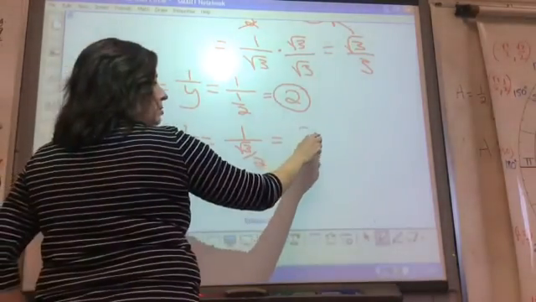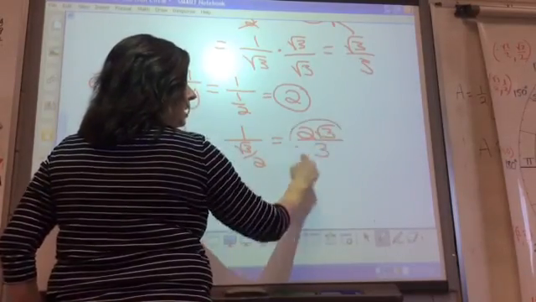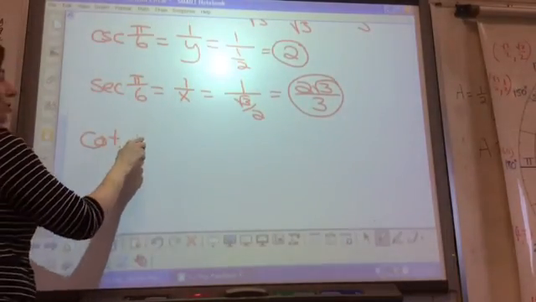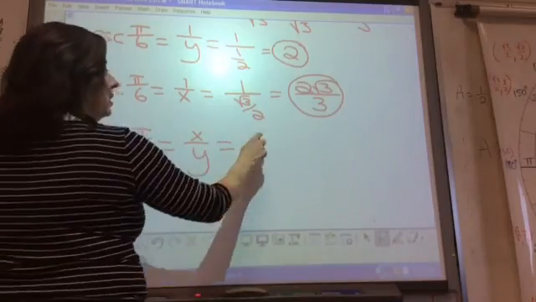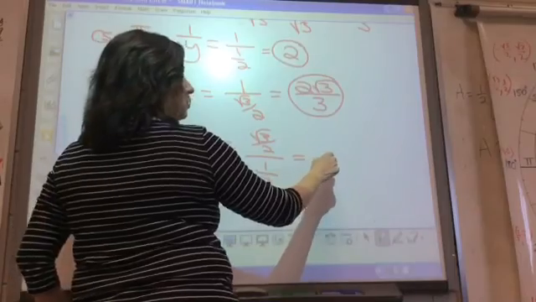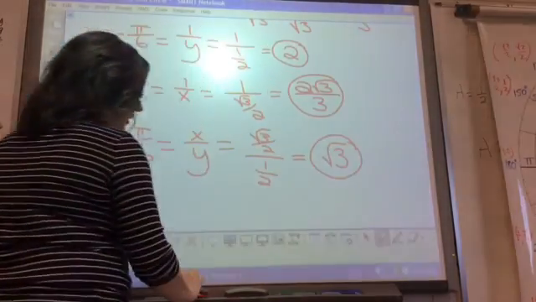Should be 2 square root of 3 over 3. All right, and cotangent is x over y, which would be square root of 3 over 2 over a half, which equals square root of 3.